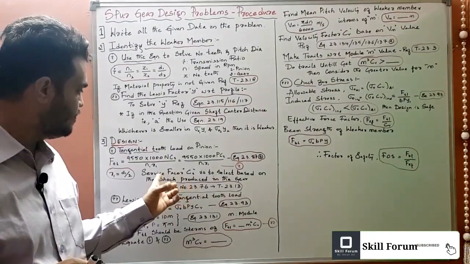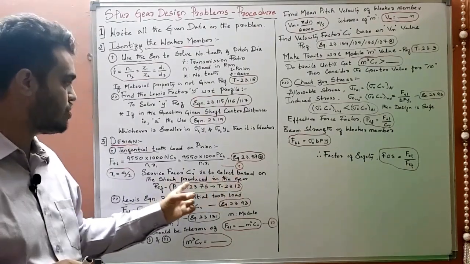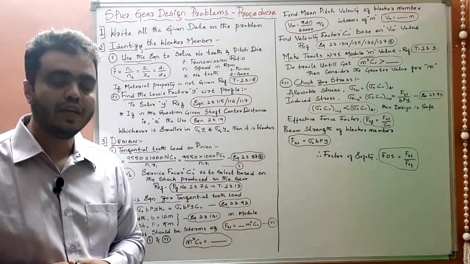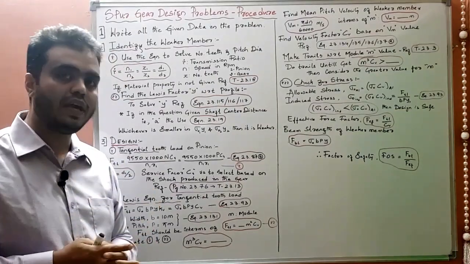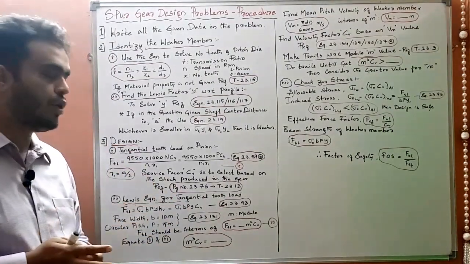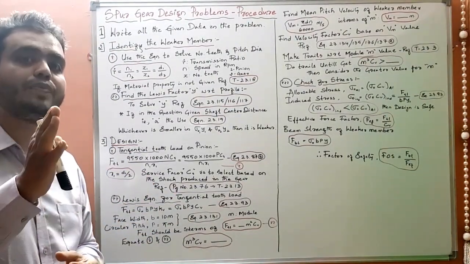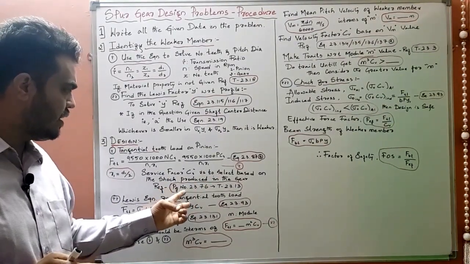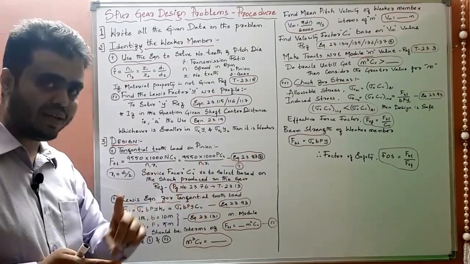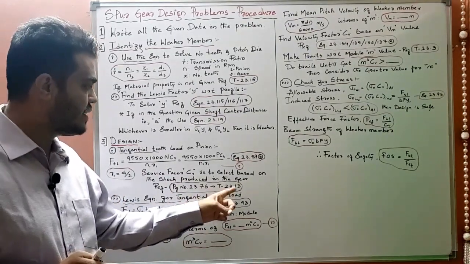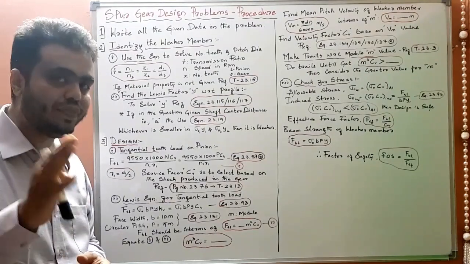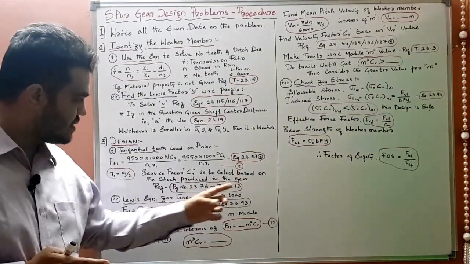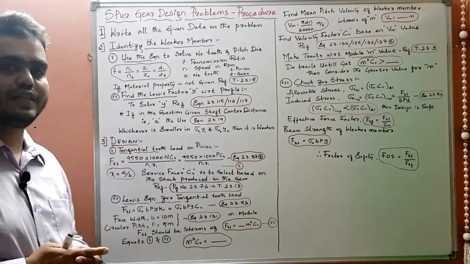Service factor is selected based on the shock produced in the gear. Sometimes the question itself gives the shock produced in the gear, or else you need to assume it. That part you will get on page number 23.76, table 23.13. Use this table and you will get the service factor CS, right.